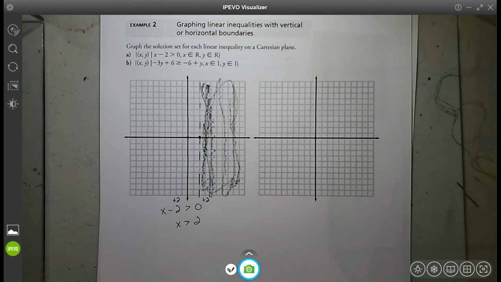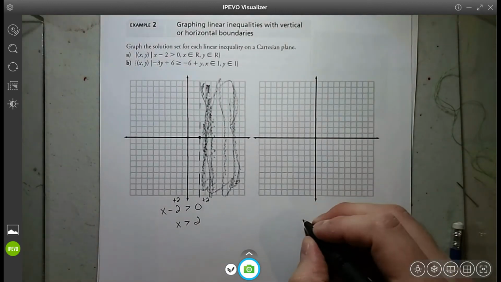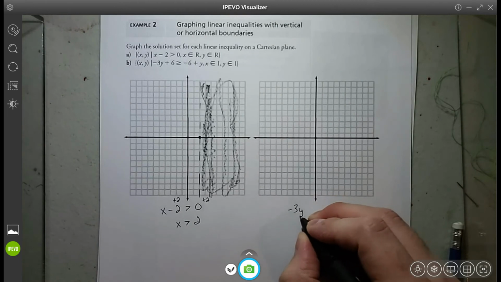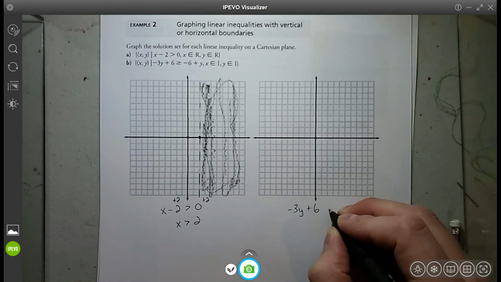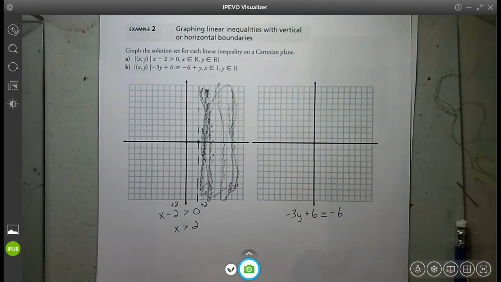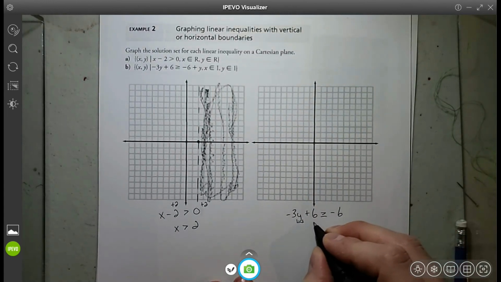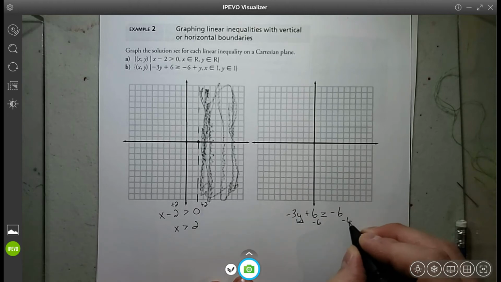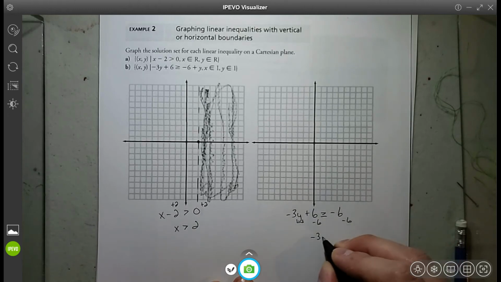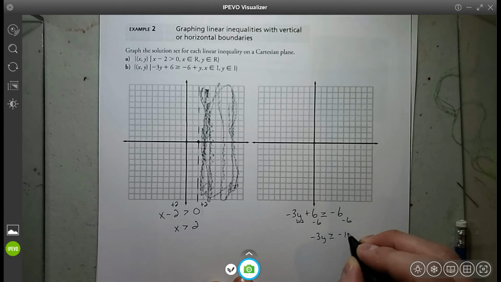Now, if we look at part B, we're given the equation negative 3y plus 6 is greater than or equal to negative 6. So we want to get y all by itself. We're going to start by subtracting 6 from both sides. So we got negative 3y is greater than or equal to negative 12.